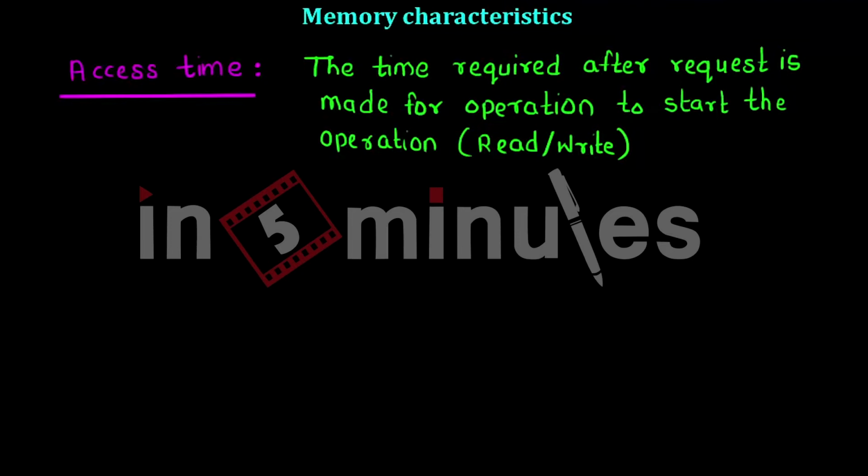For example, while reading data, when the read request is given to the memory, the time between the read request and the first data placed on the data bus by fetching that particular data is nothing but the access time of the memory.